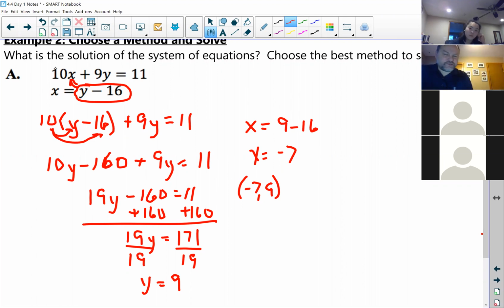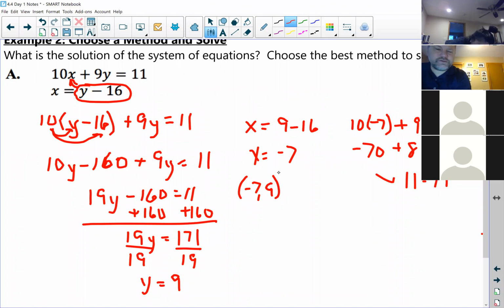Now, it doesn't say I need to check, but again, with systems, you can. And then you'll know if your answer works or not. So in this case, I get negative 70 plus 81. Does that equal 11?